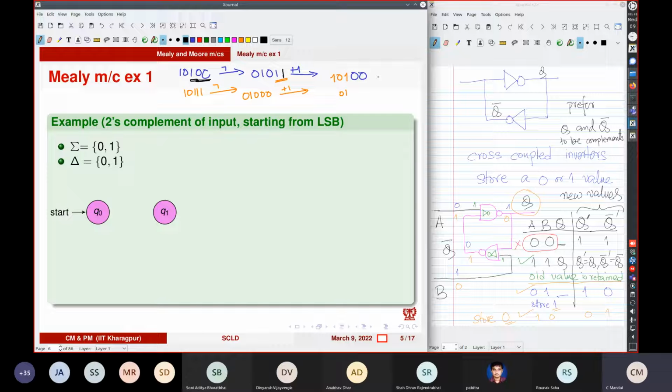The initial pattern remains the same and the rest are complemented. Sorry, I made a mistake here. This one remains the same. This one remains the same. This remains the same as 0 1.